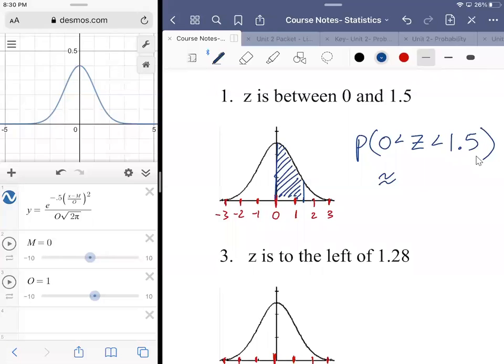So the big question would be, how can I do this on the calculator? Now, I can tell you that there is a technique involving integral calculus that'll do it for you. It's not pretty, but it is related to this function.